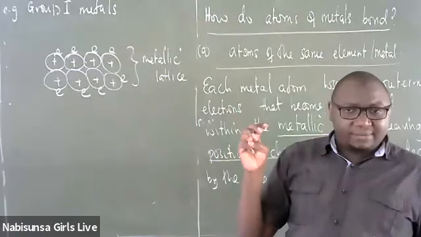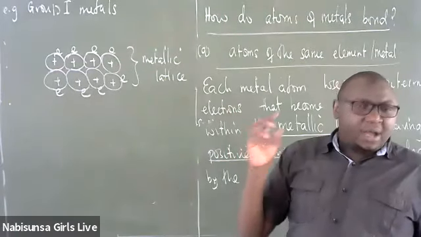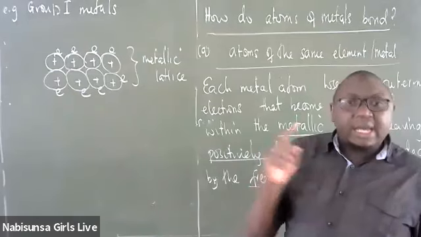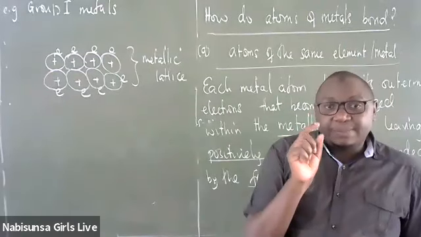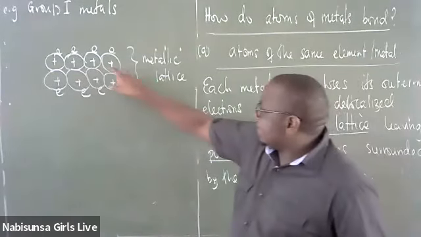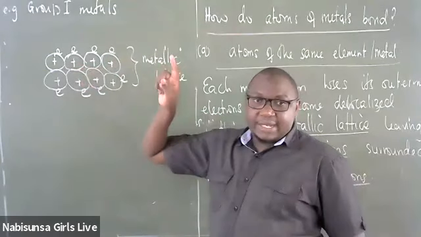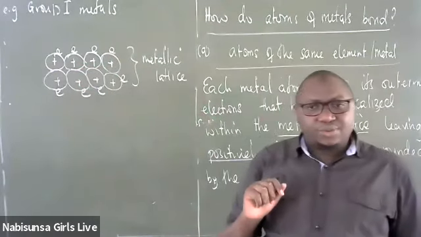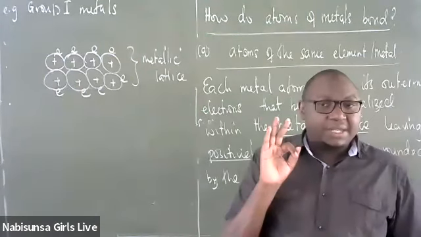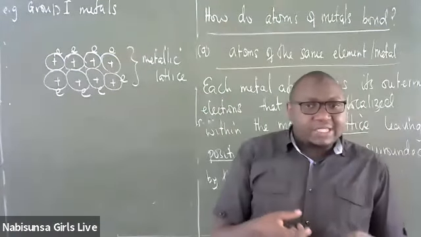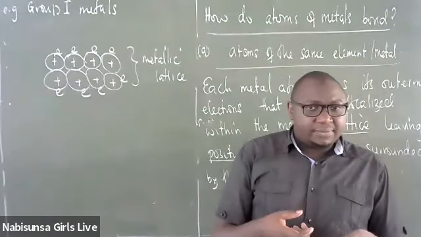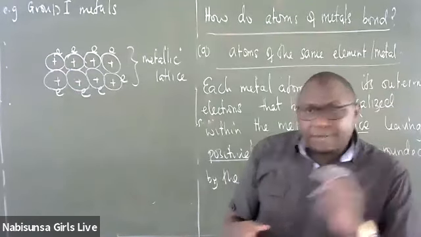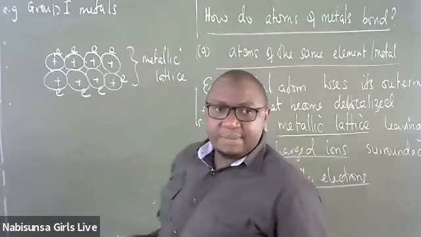What would you think? Here, in group 1, each atom was allowed to lose only 1. What if it was allowed to lose 2? What if it was allowed to lose 3? Would the strength be the same? For example, for magnesium, how can I modify that one?